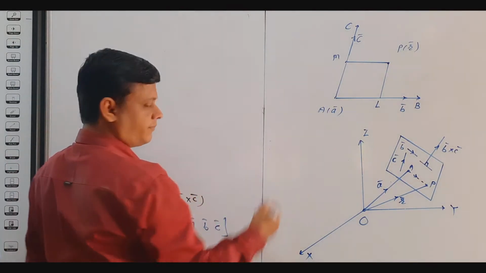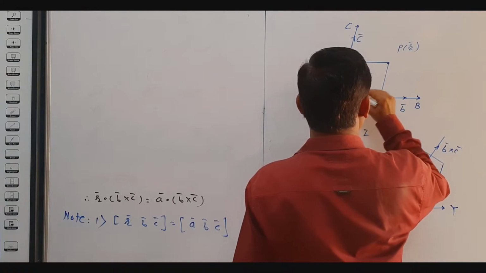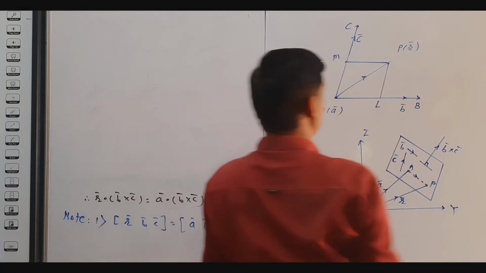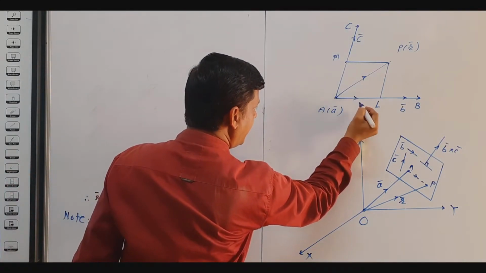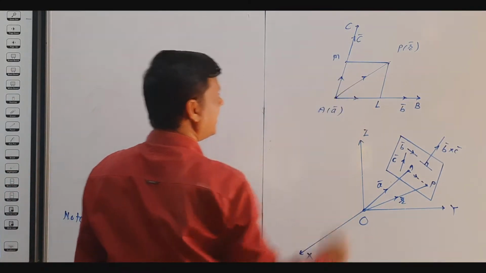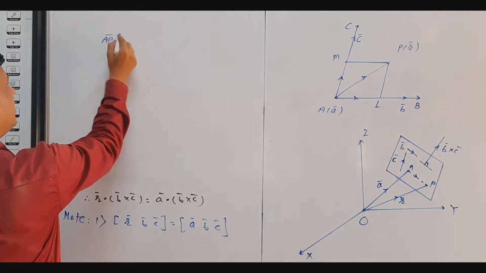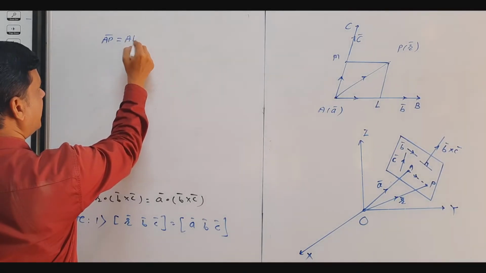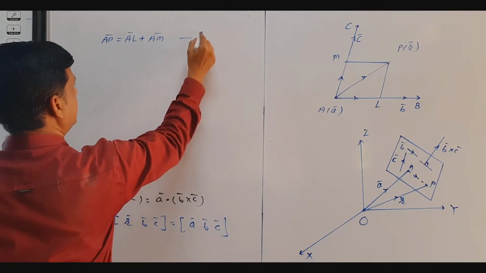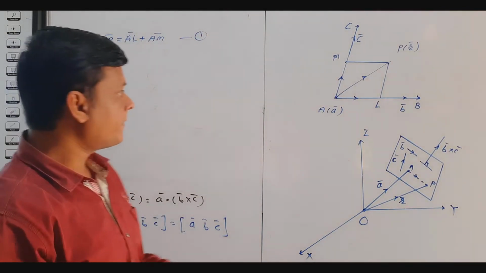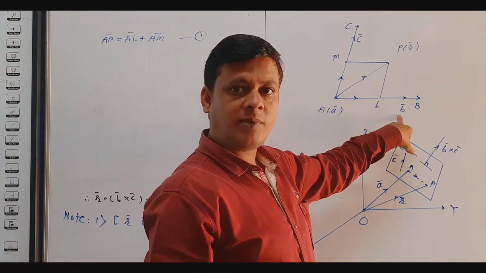So we use here the parallelogram law. If we join AP, we take AL and AM as adjacent sides. So we write vector AP is equal to vector AL plus vector AM. We denote this as equation number 1. Now this vector AL lies on vector AB, which is vector B bar.